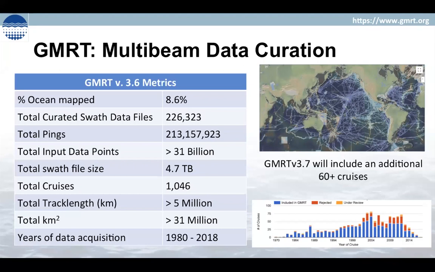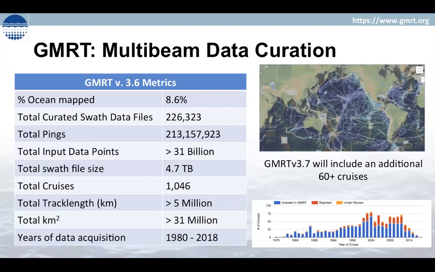Just the swath files themselves are almost 5 terabytes in size, and the multibeam tile set itself is much, much smaller than that. It's certainly less than 1 terabyte. So as I said before, we're able to really distill this content into a much more manageable volume.